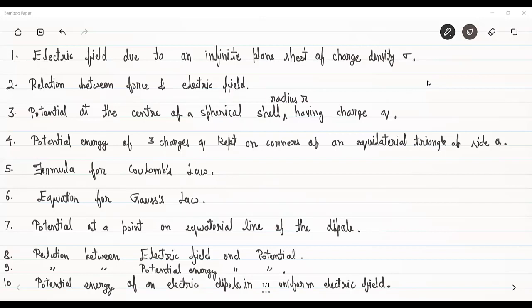The last question is potential energy of an electric dipole in uniform electric field. You have to click the pictures of the answers and send me on the WhatsApp.